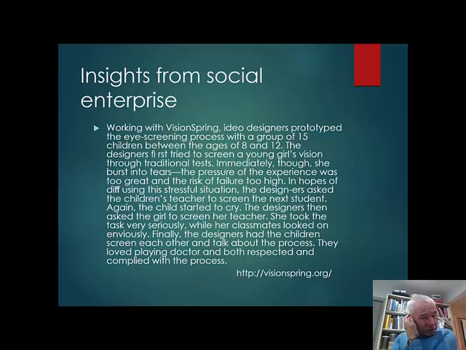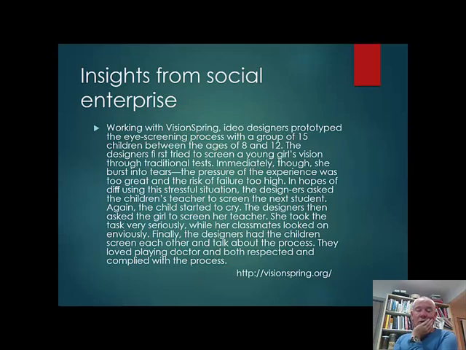So this was about eye tests, and the nice thing about it was that through the process of coming up with this good example of social design through design thinking and through the screening process, the team discovered that the best way to get kids screened and to get them feeling good about it was to involve them in the process.